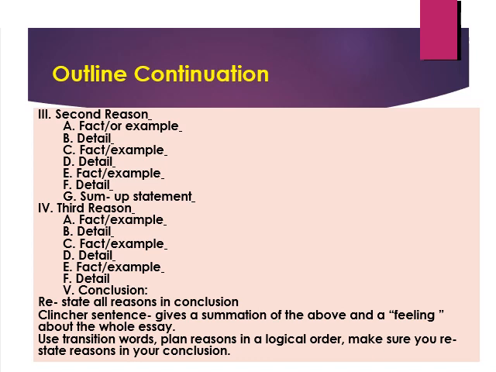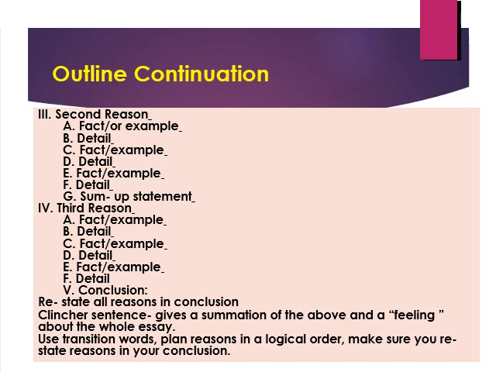In the third paragraph, we have the third reason: fact, example, details until we finish, and then write the conclusion. In the conclusion, we restate all the reasons. We give a summary of the above information, or about our feeling about the whole essay.